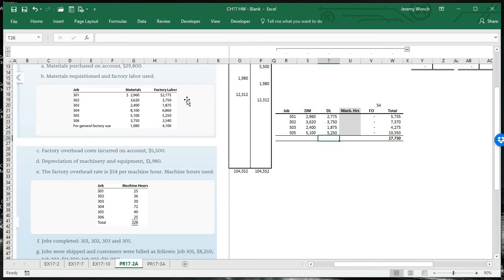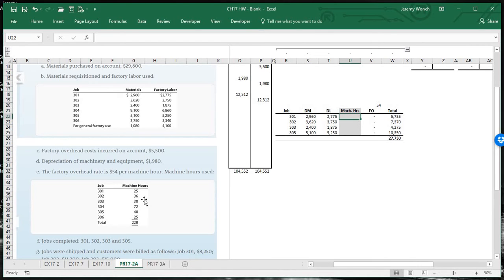So when we're moving goods from work in process into finished goods, that's going to be the total manufacturing cost, which is direct material, direct labor, and factory overhead. So now we just have to apply our overhead rate. That's going to be our machine hours times our predetermined rate. So we're going to grab our machine hours over here.